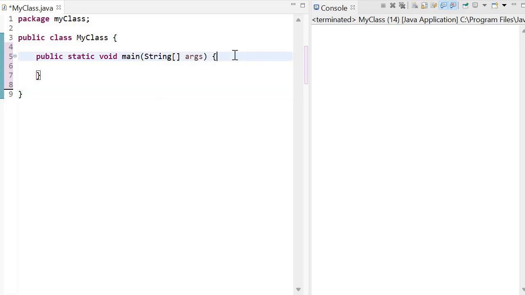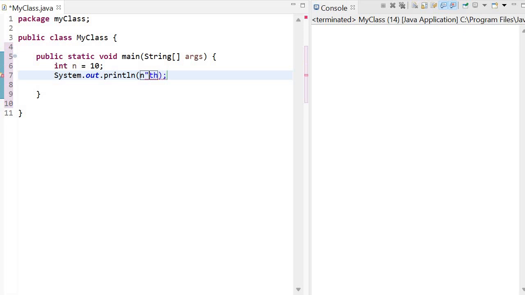In the coding section, this is my main method, and I'll take a number, for now, n equal to 10. I will print a statement: nth hexagonal number is.